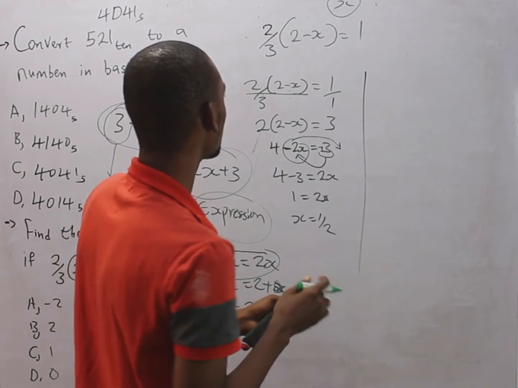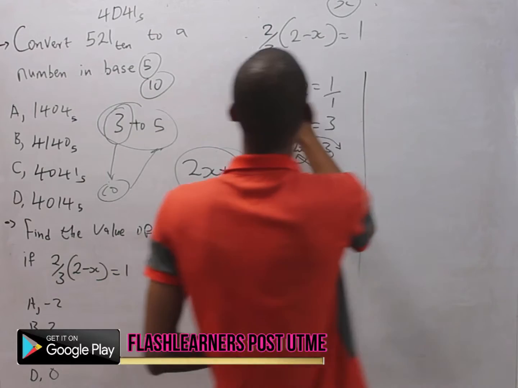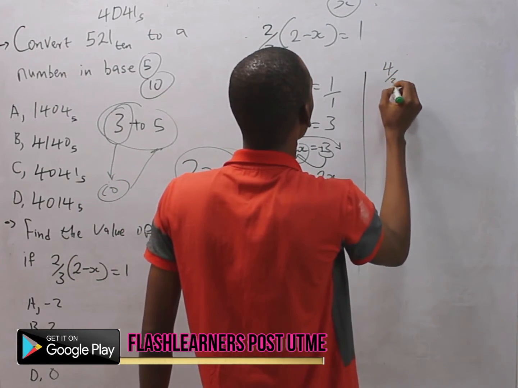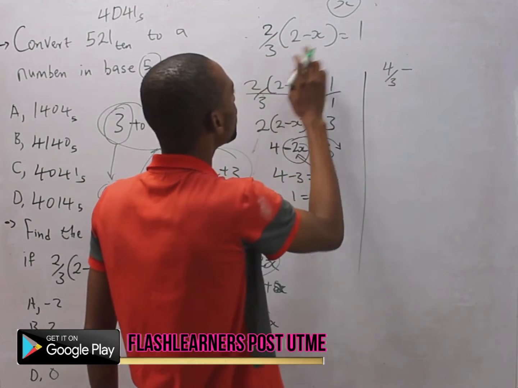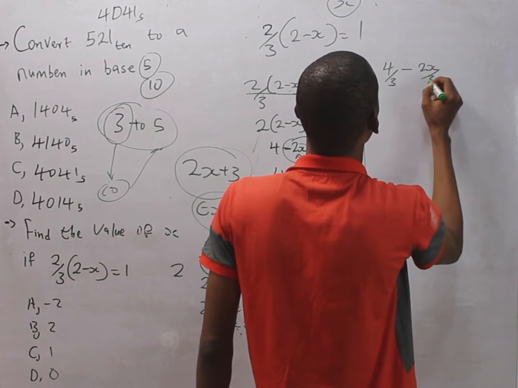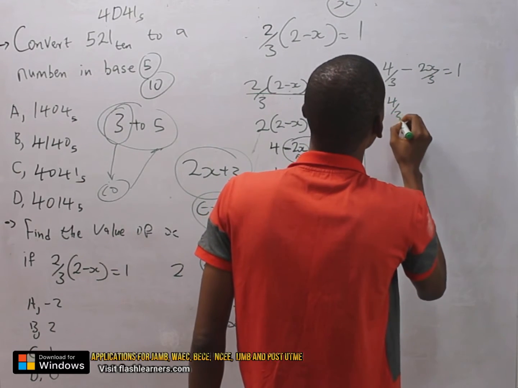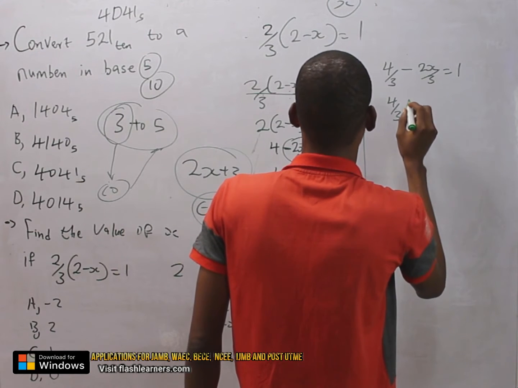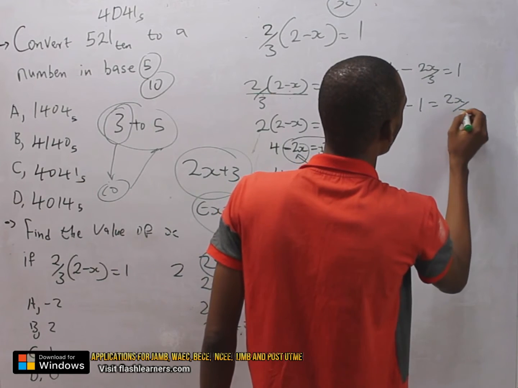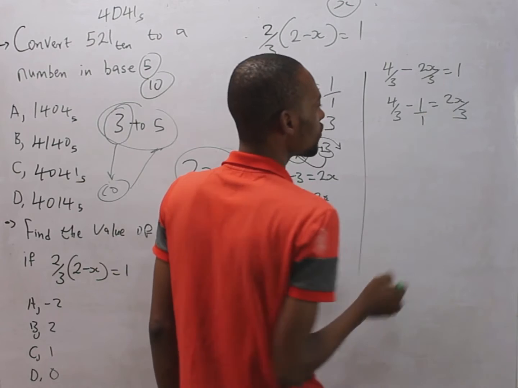So let's look at the other method. Another method is 2 over 3 times 2, that is 4 over 3, minus 2 over 3 times s, that's 2s over 3, is equals 1. 4 over 3 minus 1 is equals 2s over 3. 4 over 3 minus 1, here 1 is the same thing as 1 over 1.